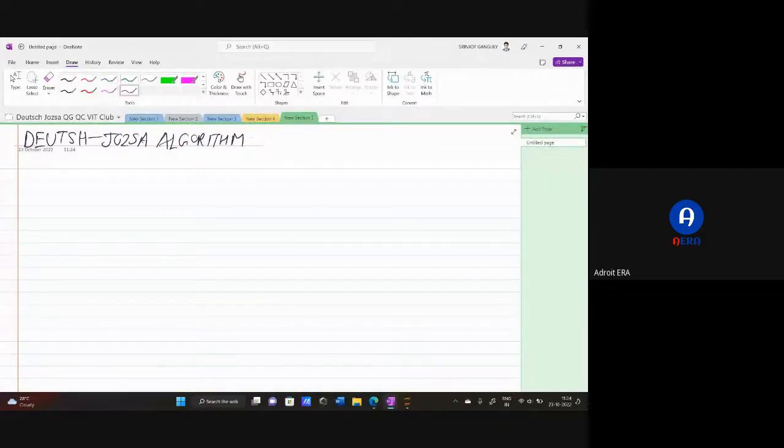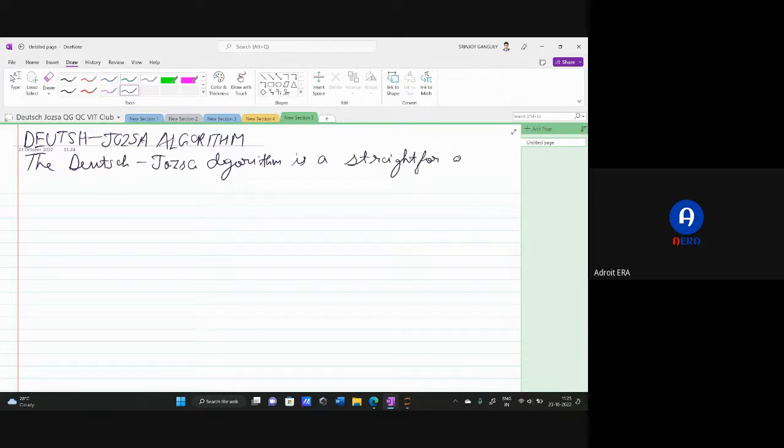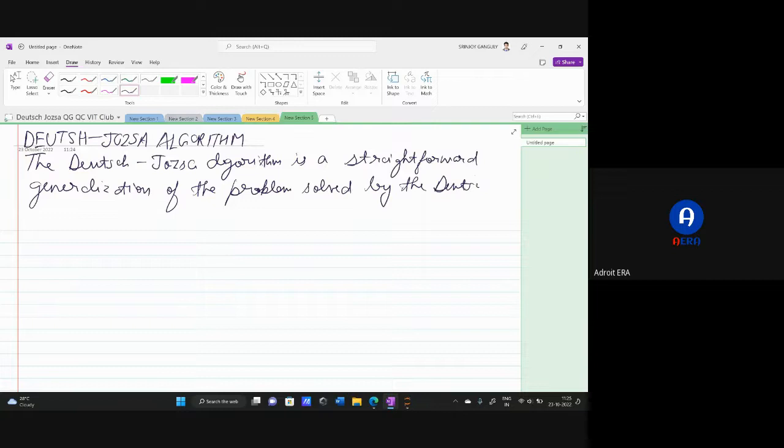So the Deutsch Jozsa algorithm is a straightforward generalization of the problem solved by the Deutsch algorithm.